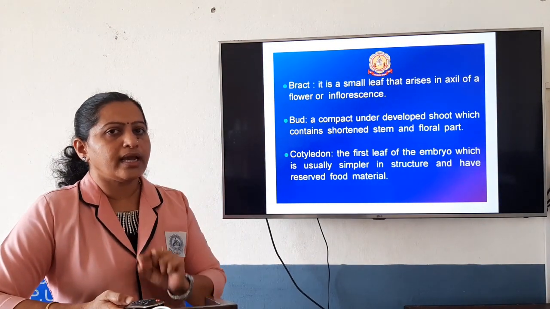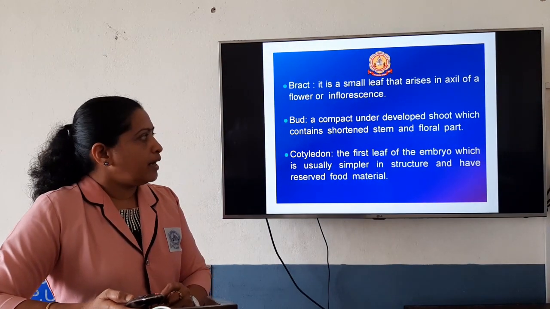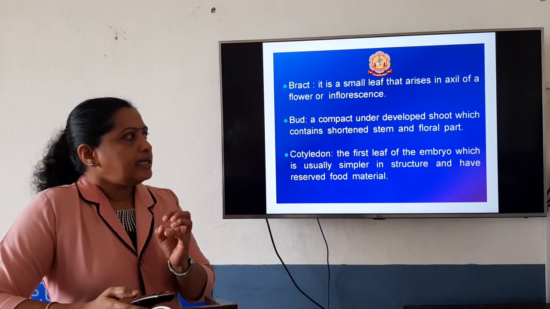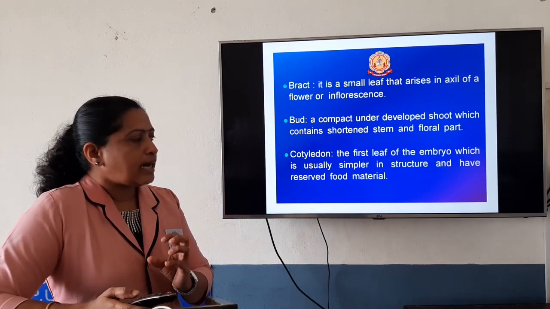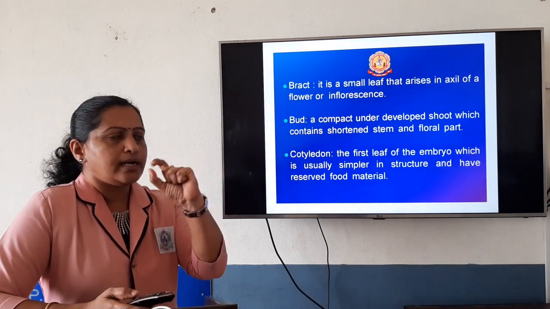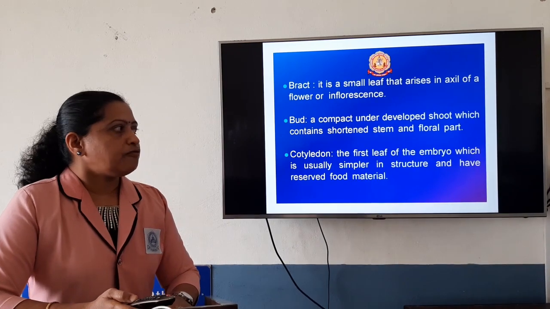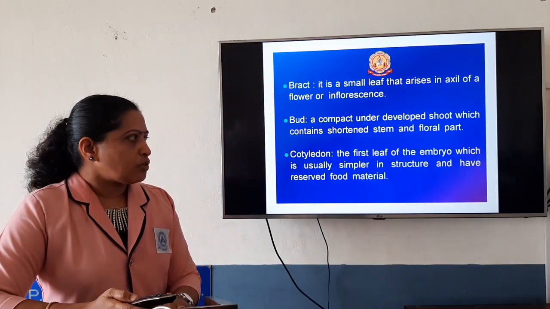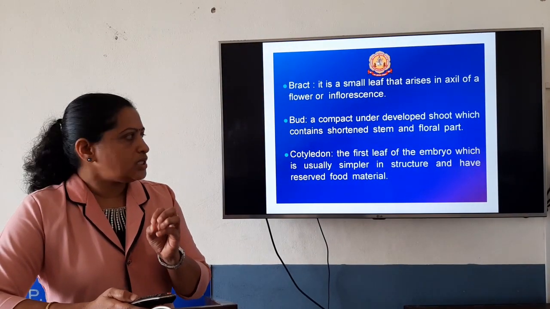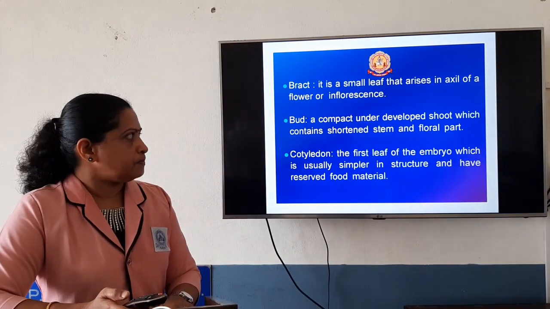Very small leaf-like appendages that arise in the axil of a flower. Bud. A bud is a compact underdeveloped shoot or stem which mainly has a very shortened or condensed stem as well as floral parts. Cotyledon. The first leaf of the embryo is termed the cotyledon. Its structure is very simple and it usually stores reserve food material.